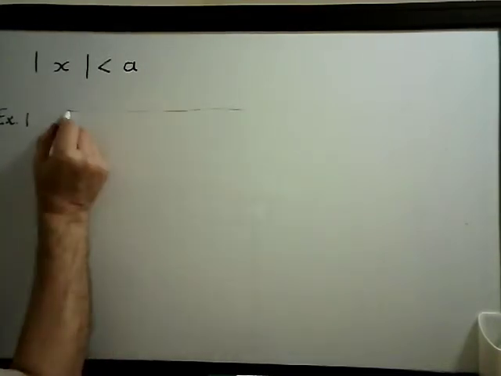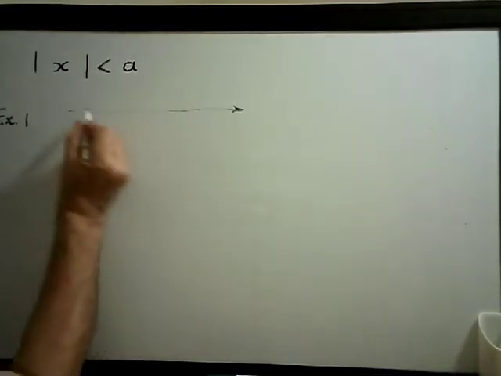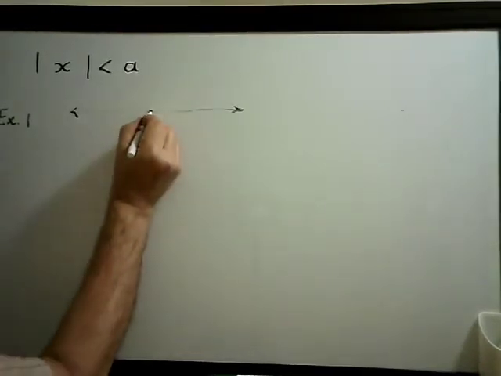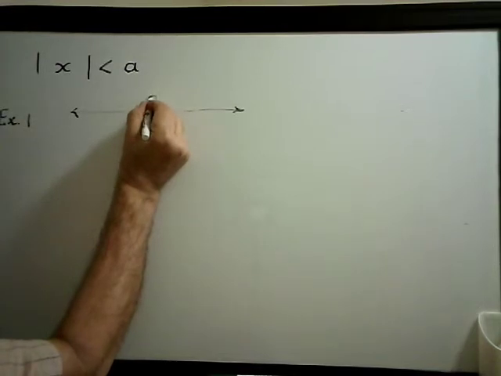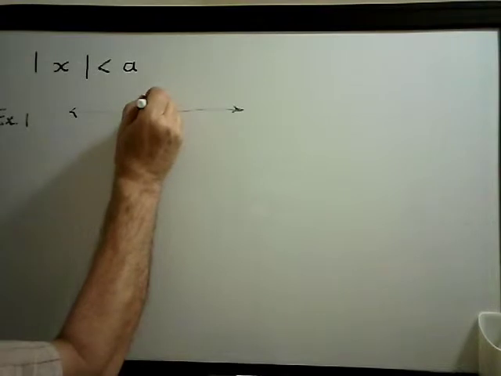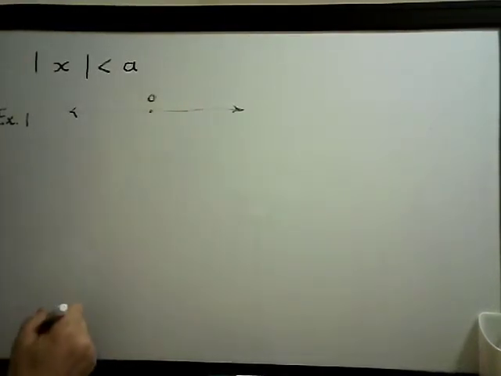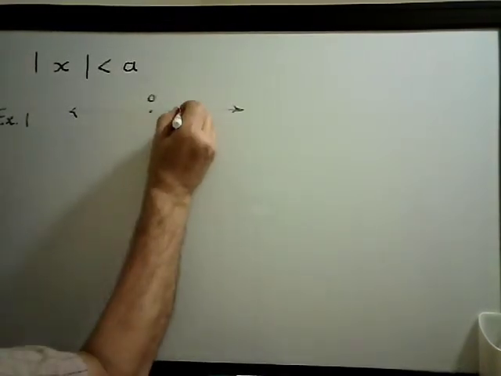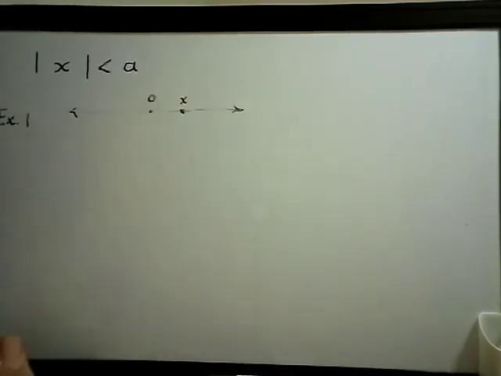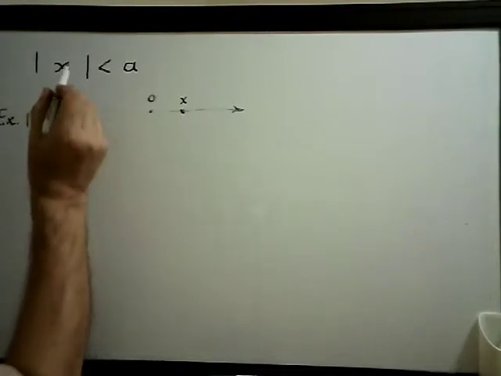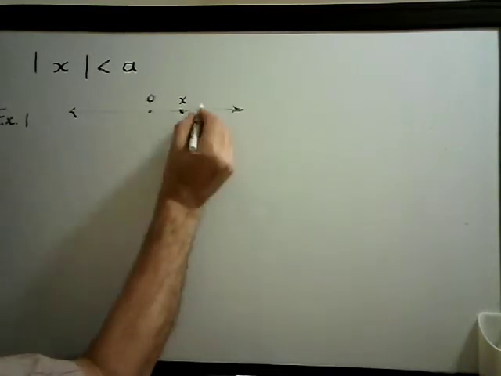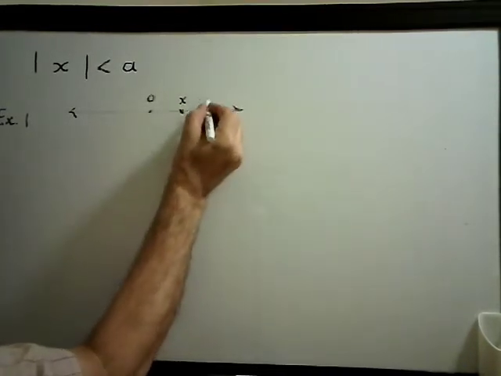When we draw the real numbers line, and this is the origin number O, consider x at this point. It's less than a, that means a should be bigger than x. Here is a.